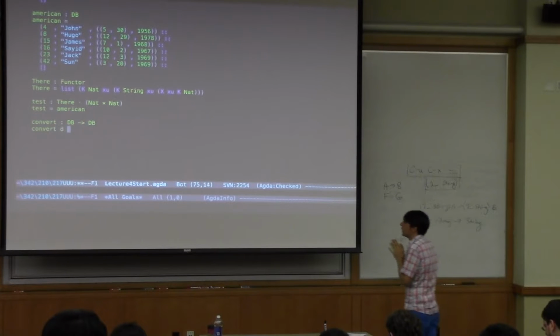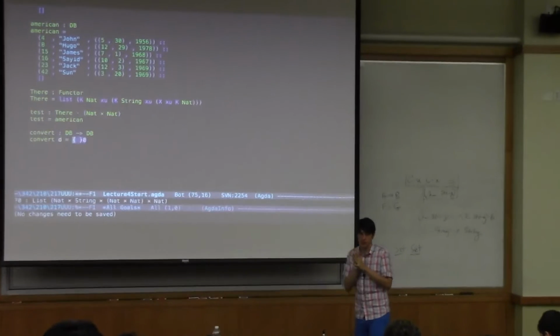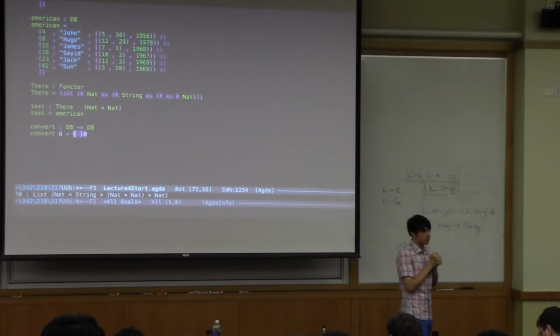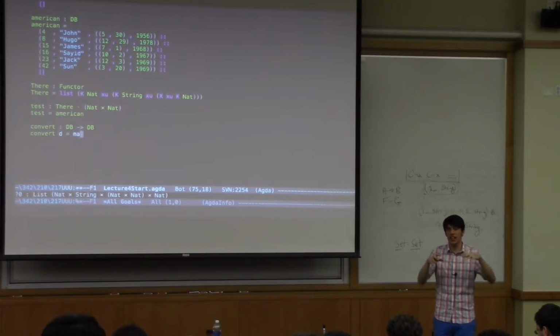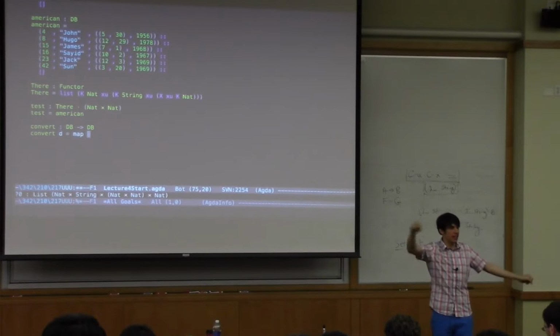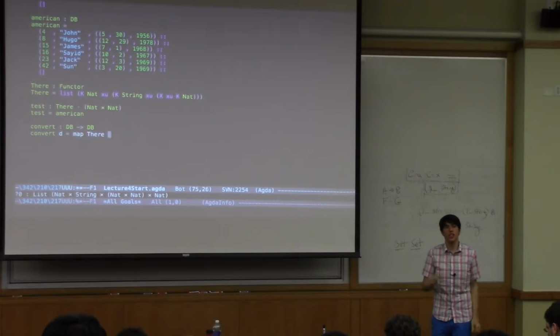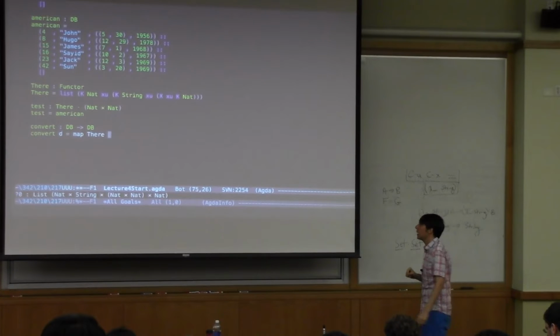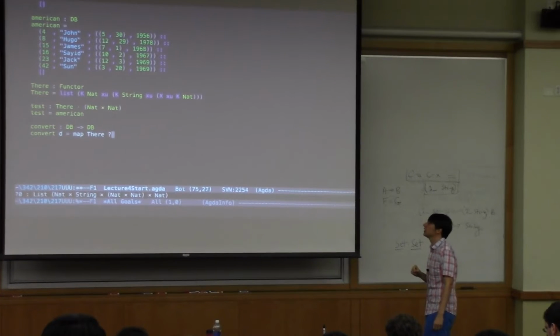And how do we define convert? Map, right? We want to say apply some function somewhere. OK. Where do we want to apply it? We want to apply it there.